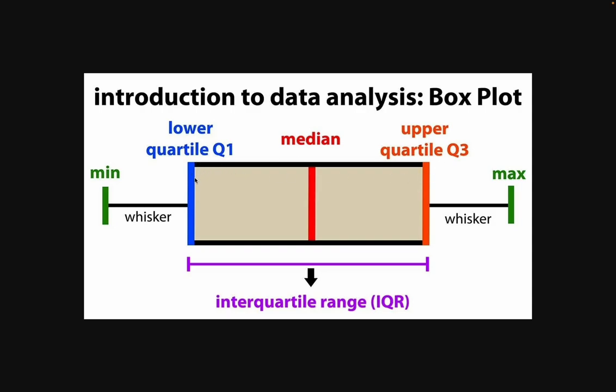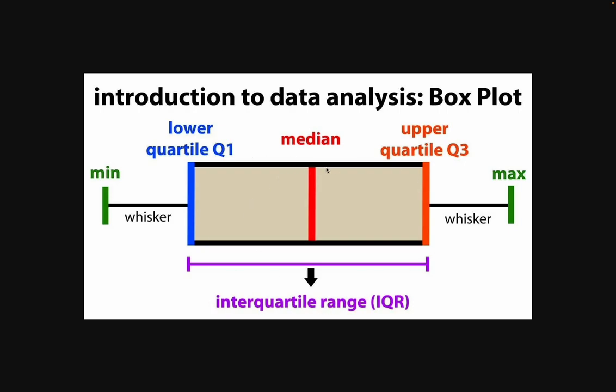What that means is this line here represents the 25th percentile. And in contrast, this represents the 75th percentile. What does that mean? That means in between is the population of all your data that sits between the 25th and 75th percentile, and that's also known as the interquartile range.